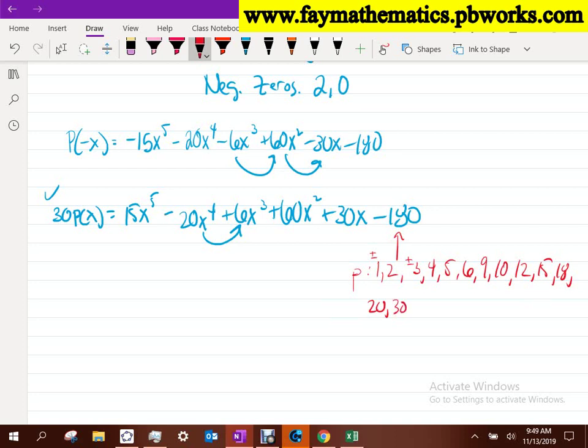I'm missing one. Which one? 12 and 15, 10 and 18, 9 and 20. Oh, okay, never mind. 5 and 36, that's the one I was thinking about. I think I missed 36. 4 and 45, 3 and 60, 2 and 90, 1 and 180, right?